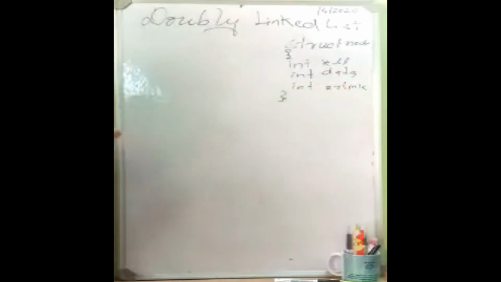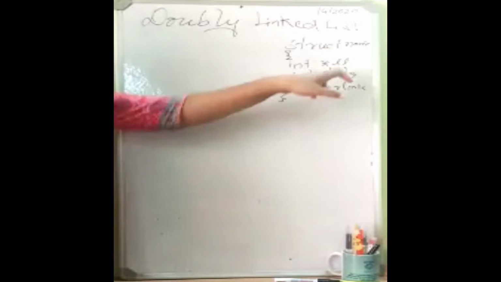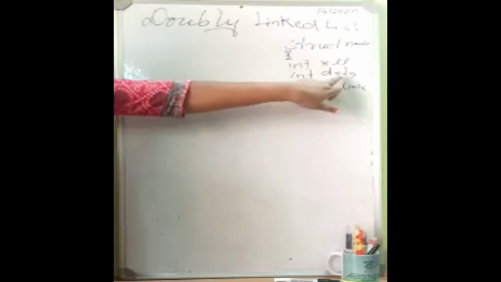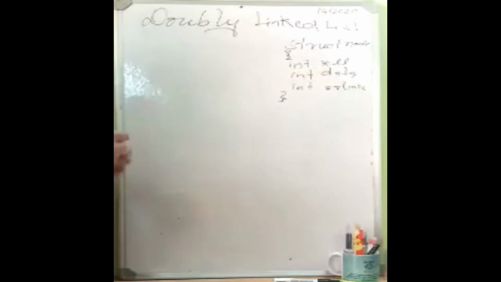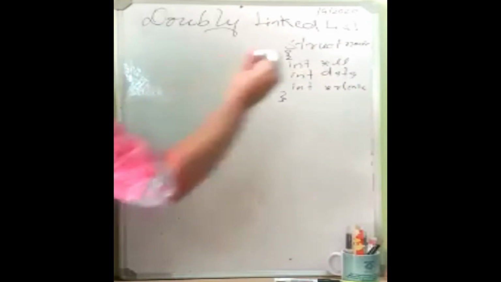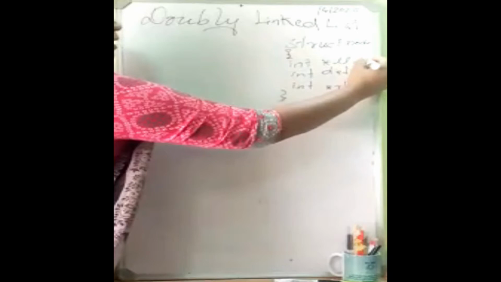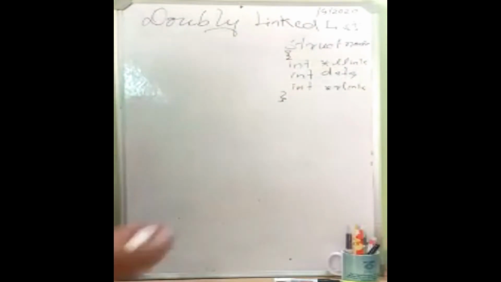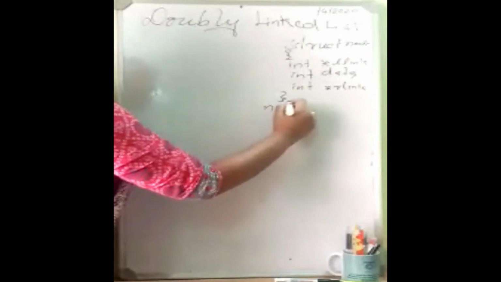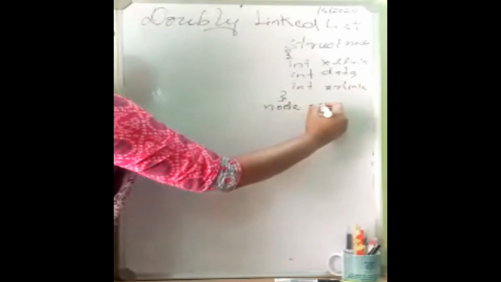How many fields do I have in my structure? There are three fields: two address fields and one data field. The data field is called data, and the two address fields are called left link and right link, right? So how to create the objects?